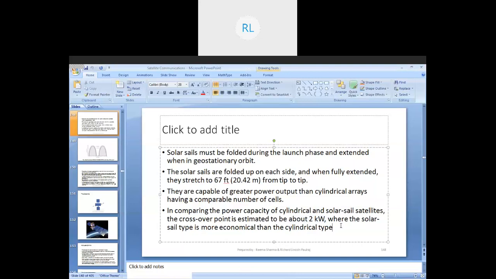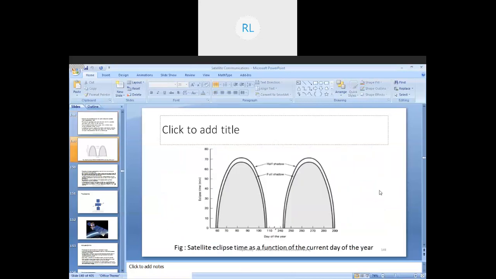When I compare the power capacity of cylindrical and solar sail satellites, the crossover point is estimated to be about 2 kilowatts, where the solar sail type is more economical than the cylindrical type. One more thing you can remember is that it is hard to manufacture the cylindrical type of panels, but it's very simple to manufacture a rectangular type of panels.